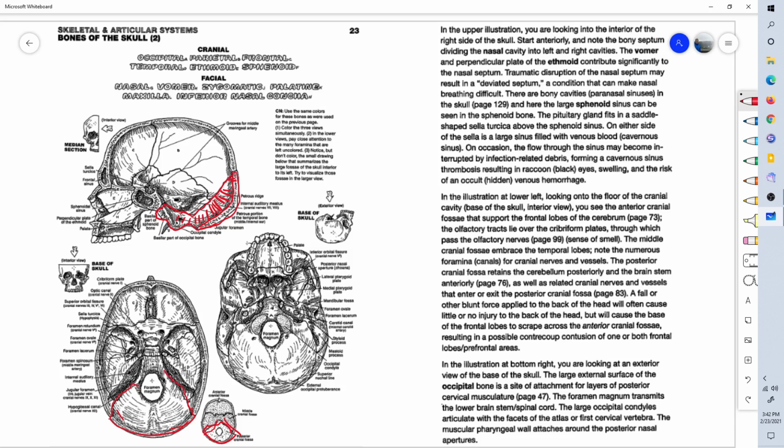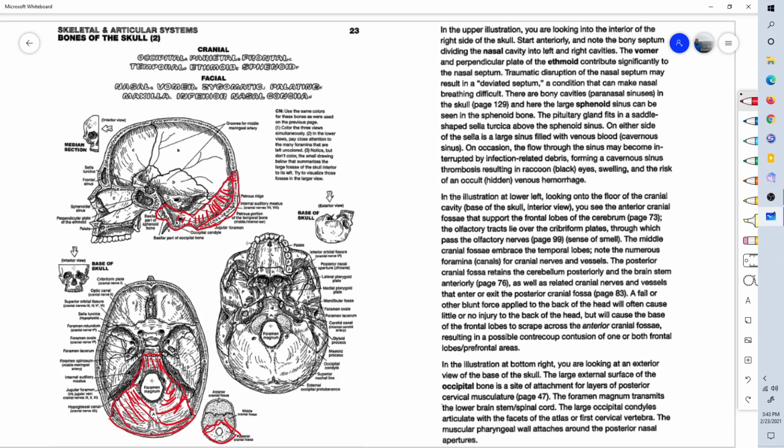And unique to the posterior cranial fossa, of course, or the occipital bone, is that it contains a big hole called the Foramen Magnum. That's what Foramen Magnum means. Foramen means hole, and magnum means big, a big hole.